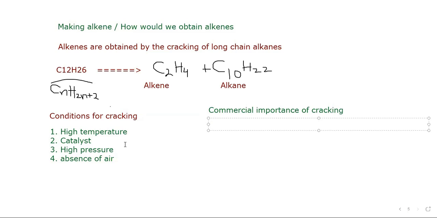It allows us to produce many products like smaller hydrocarbon products like petrol, diesel, kerosene, and bitumen. No, bitumen is not there. You are mixing the fractional distillation with cracking now. Oh yeah, okay.